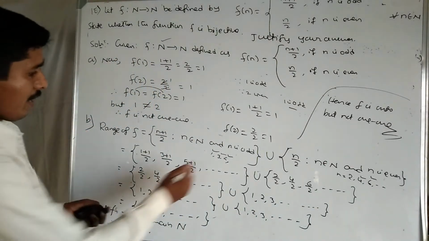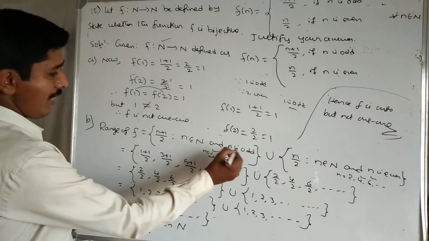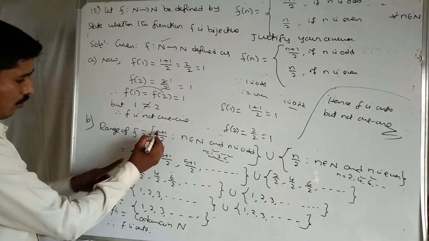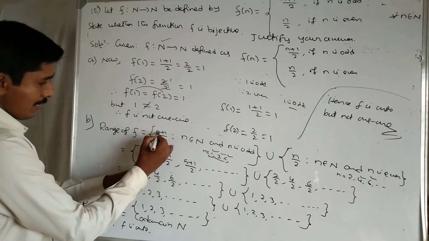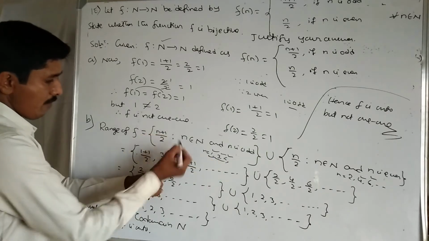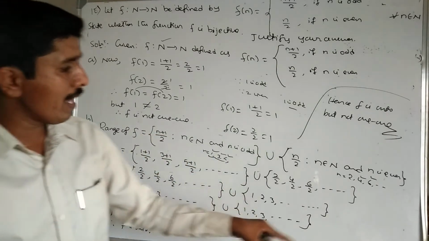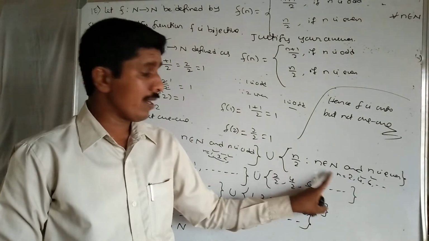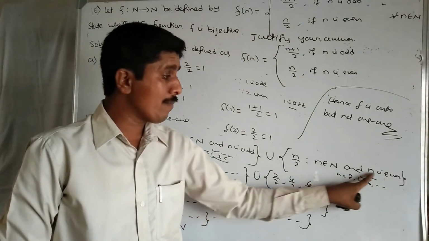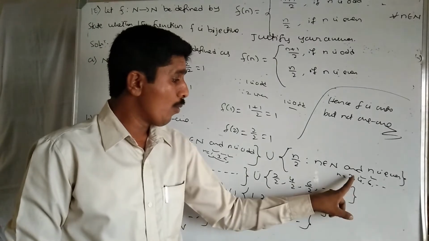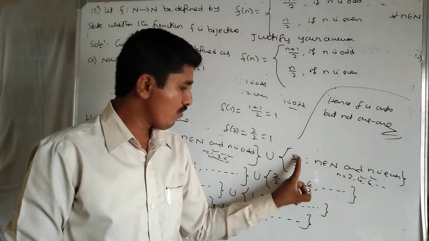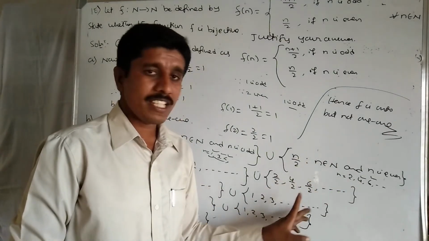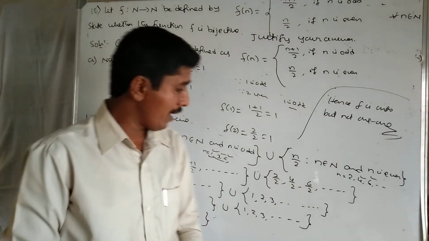Here n takes natural odd values: n equal to 1, (1+1)/2; n equal to 3, (3+1)/2; n equal to 5, (5+1)/2, and so on. Union, n is an even natural number: n equal to 2, 2/2; n equal to 4, 4/2; n equal to 6, 6/2, and so on.